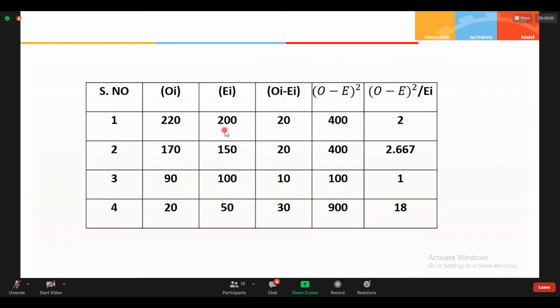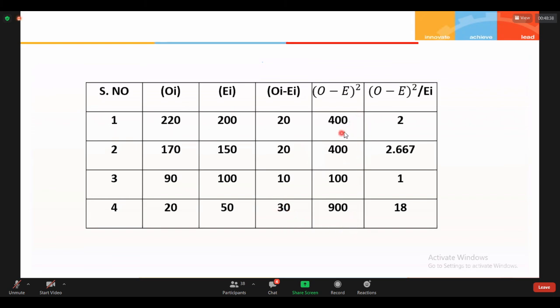That is 220 minus 200, 20. 170 minus 150, 20. 90 minus 100, minus 10. 20 minus 50, minus 30, but the minus sign is not considered. Next, we find Oi minus Ei whole square: 20 squared is 400, 20 squared is 400, 10 squared is 100, 30 squared is 900.